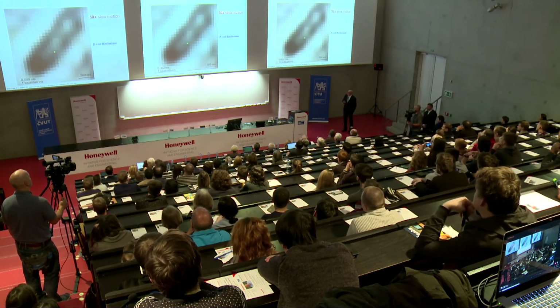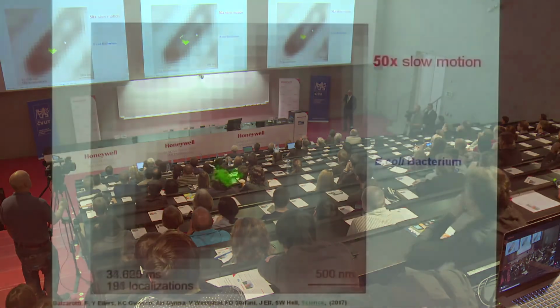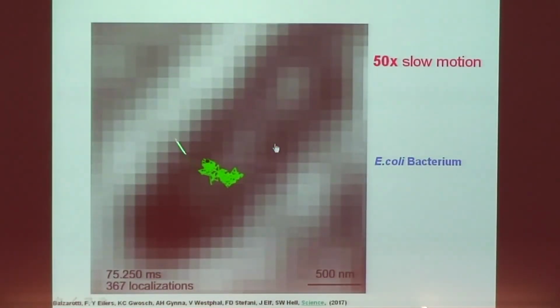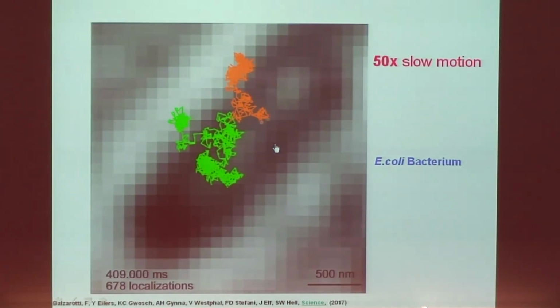And not only that, it also allows you to see the trajectory, the movement of molecules with very high spatial precision and high temporal resolution. And I think this will be interesting for understanding what's going on in a living cell at a molecular level. I'm quite hopeful that this will contribute also to understanding not only the physiology of the cell, but also diseases.